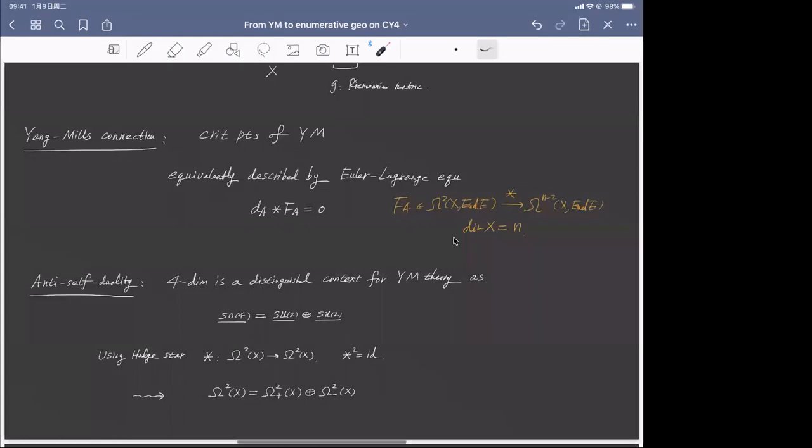Then it's a standard trick in linear algebra: if you have an involution, you can decompose the space in terms of eigenspaces.